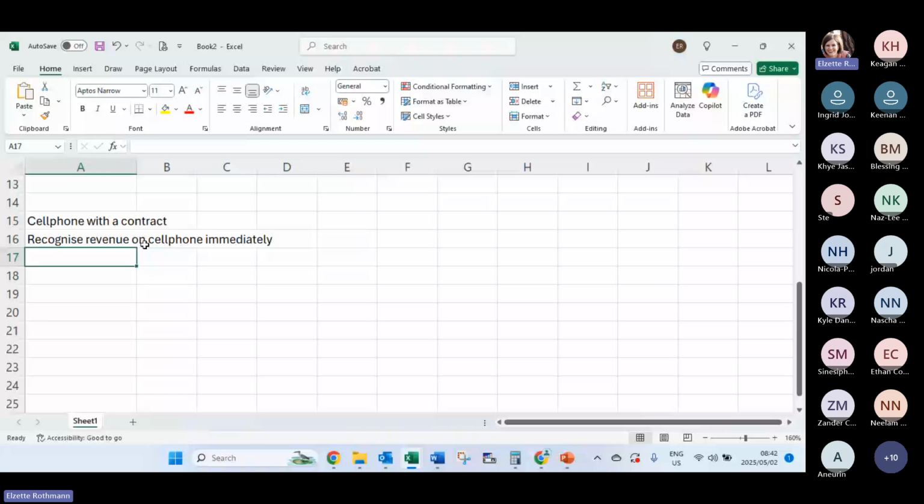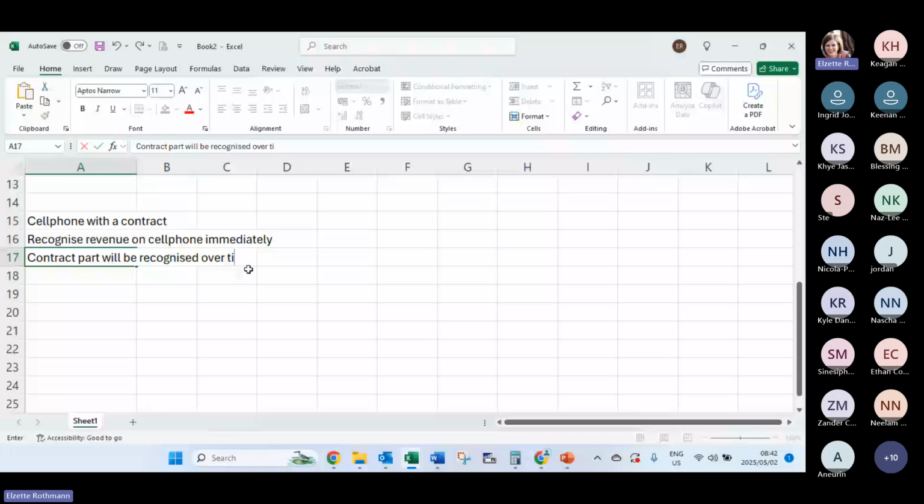So that's going to happen in that specific year, or immediately when they do the payment. But then the contract part will be recognized over time.